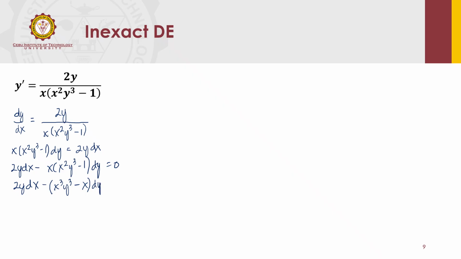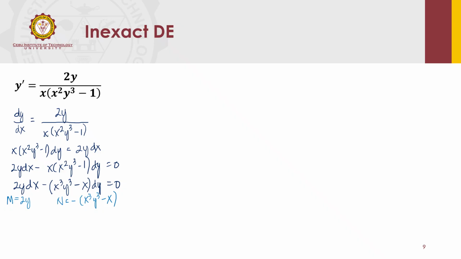If you want to distribute the negative sign, you can. From here, we label 2y as M, and N would be negative (x cubed y cubed minus x), or again, if you want to distribute the negative sign, you can.